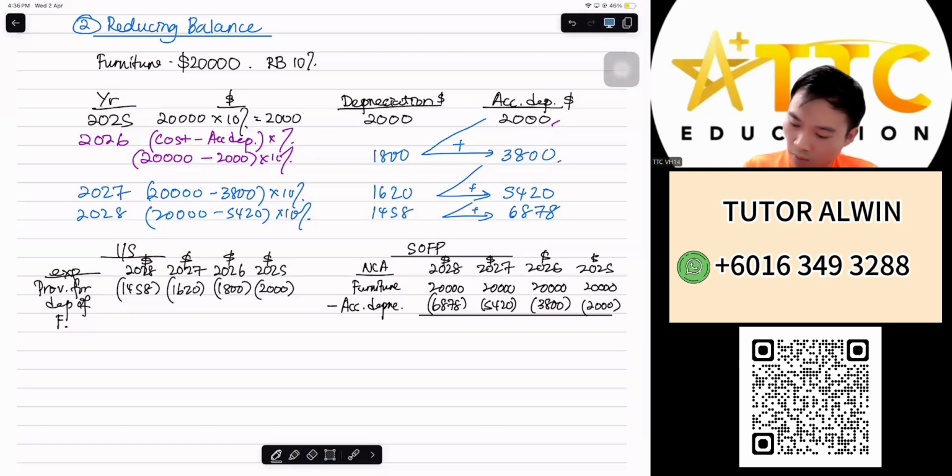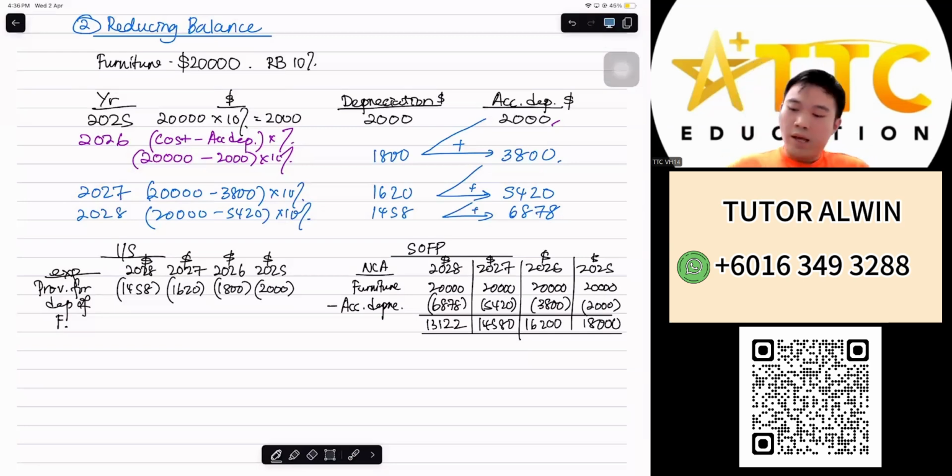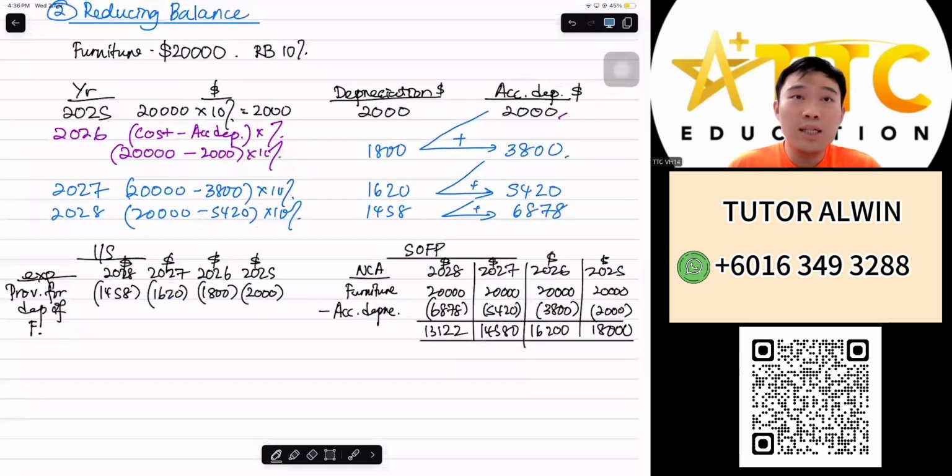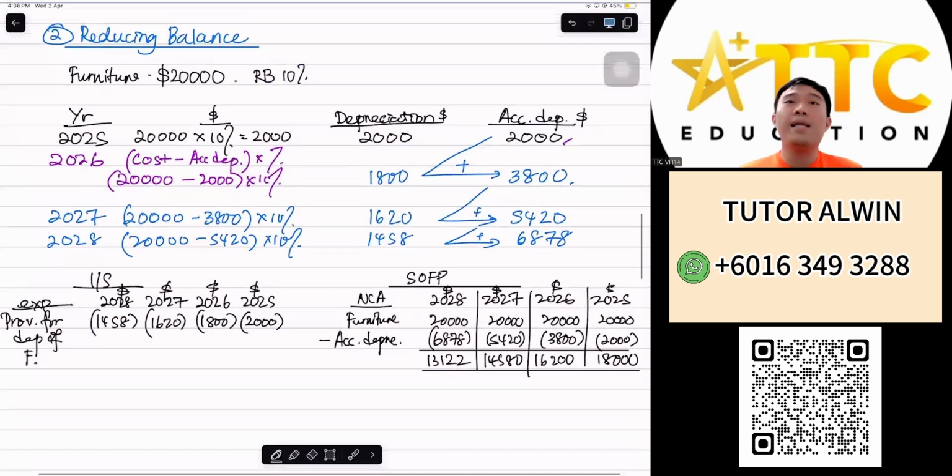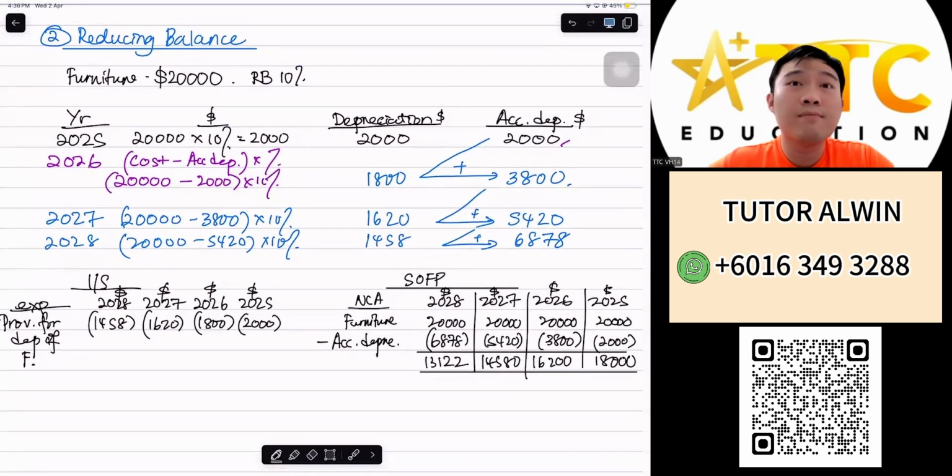So you calculate all of them one by one. Okay, so this is how we do the reducing balance method, right?